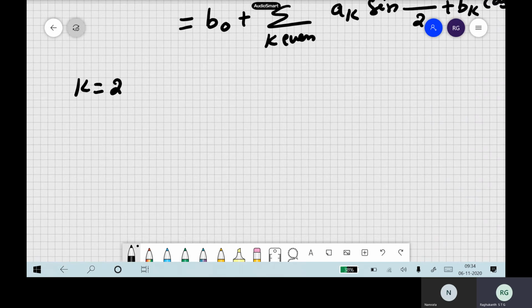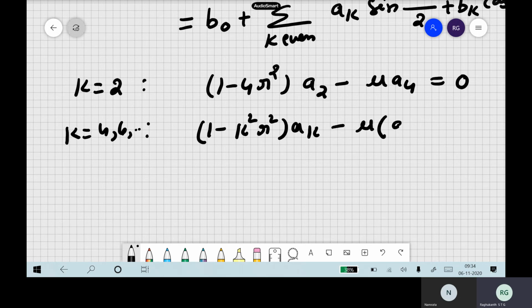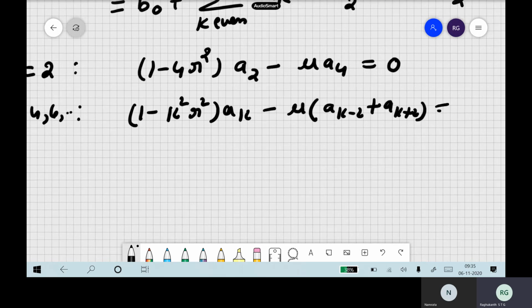So k is equal to 2, say: I will get 1 minus 4 r square multiplied by a2 minus mu times a4 is equal to 0. And similarly for 4, 6 and other higher order terms, I get 1 minus k square r square times ak minus mu times ak minus 2 plus ak plus 2 is equal to 0. So this is for the A's.